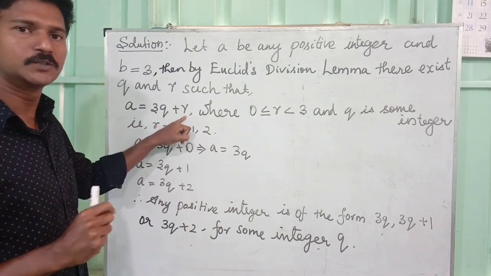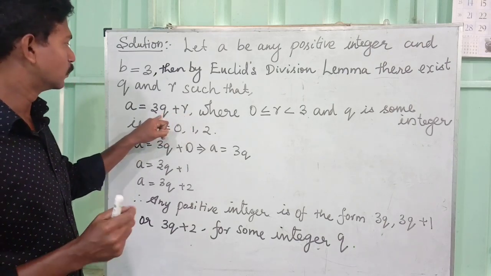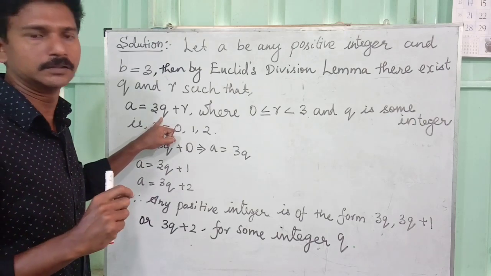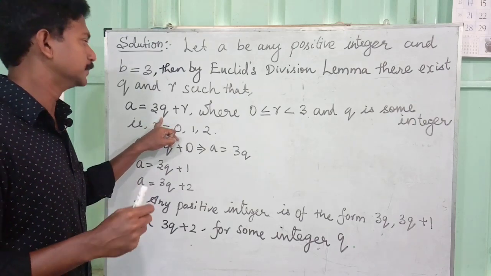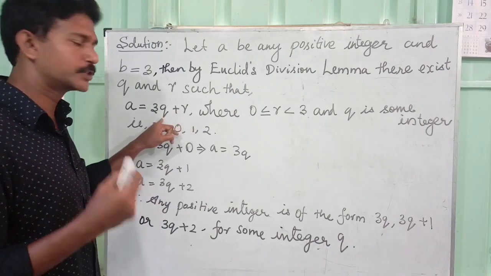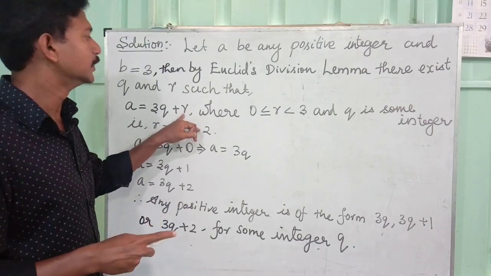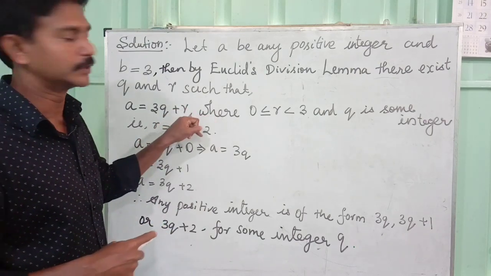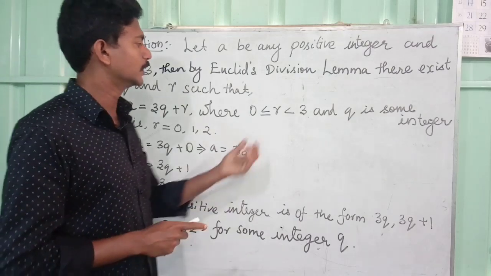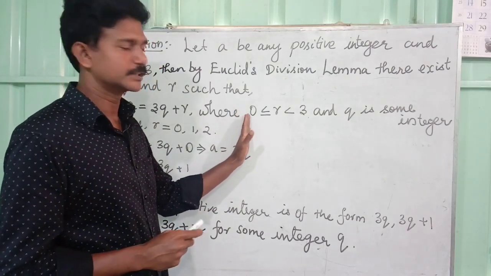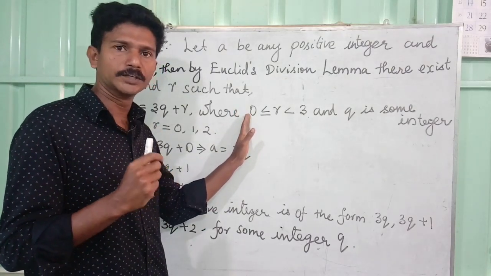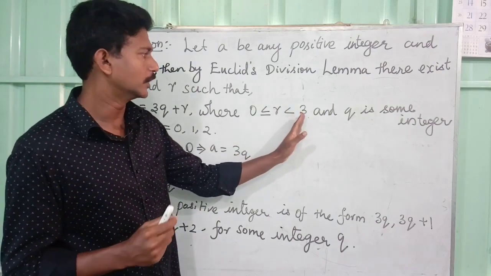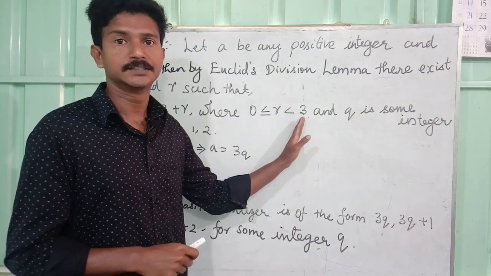Now we have to say what q is and what r is. Here r is a remainder. We know that the remainder satisfies r greater than or equal to 0 and less than 3.